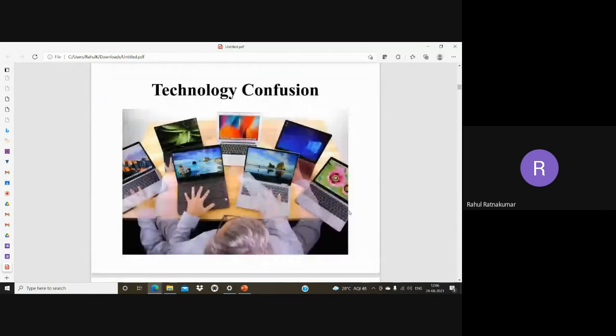Something we didn't discuss yesterday is that we are surrounded by a lot of options and possibilities, and that confuses us, right? What is the confusion? We have laptops with different configurations: 16 GB RAM, 8 GB RAM, and different processors. We have an i7 processor of 10th generation, i5 of 11th generation, with an SSD hard disk.